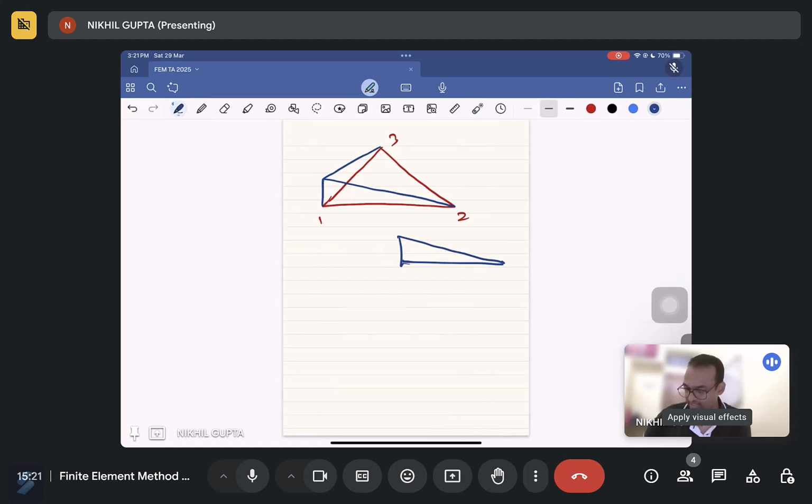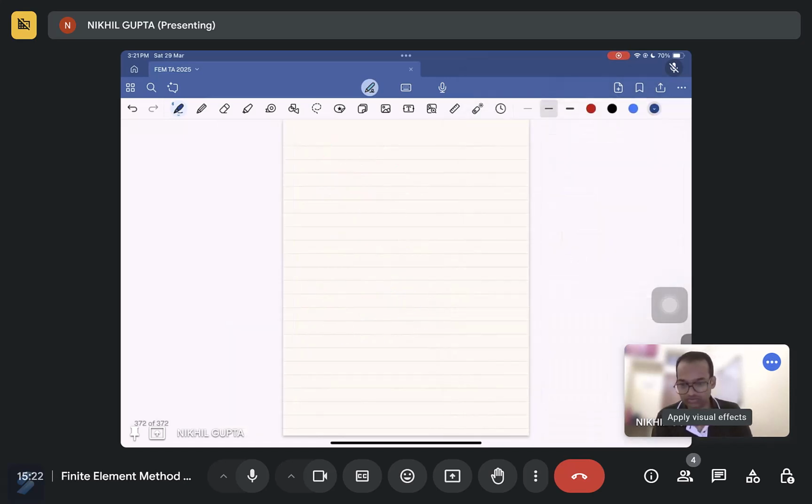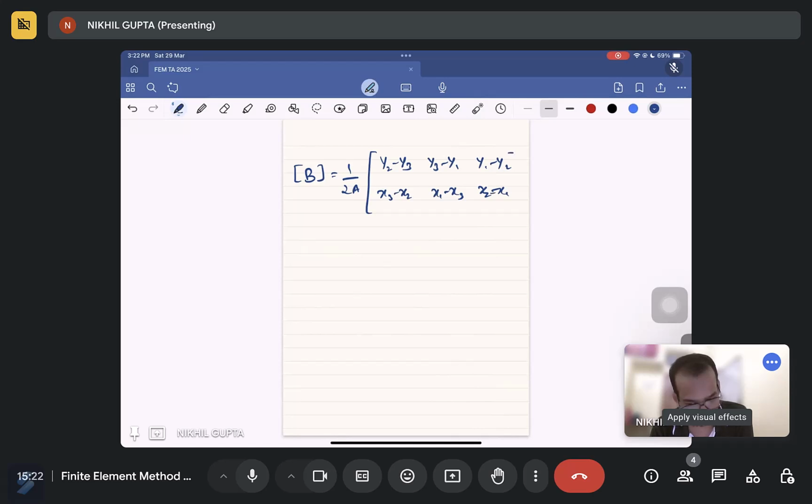Okay. So when you write the del T by del x and del T by del y, which is del N by del x times d and del N by del y times d, the B matrix, when you solve it using the shape functions, you will get this matrix.